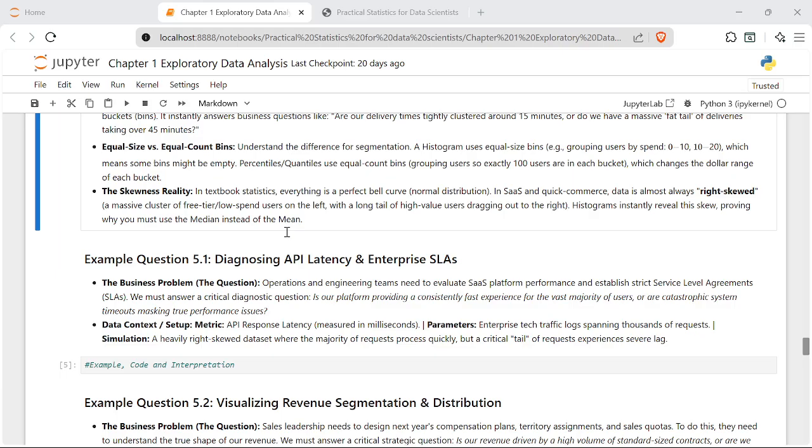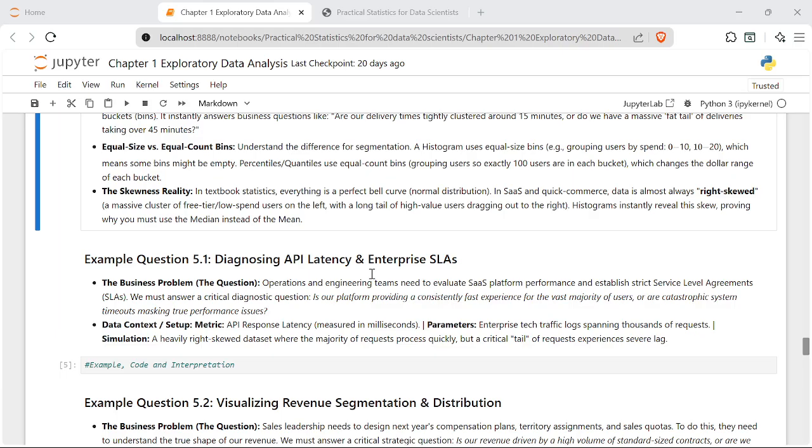When you are selling enterprise software, platform performance isn't just a technical metric, it is a financial and legal obligation tied to strict service level agreements, or SLAs. Today we are going to help our operations and engineering teams answer a critical diagnostic question: is our platform actually providing a consistently fast experience for the vast majority of our users?